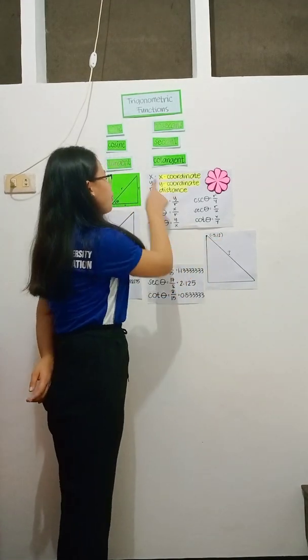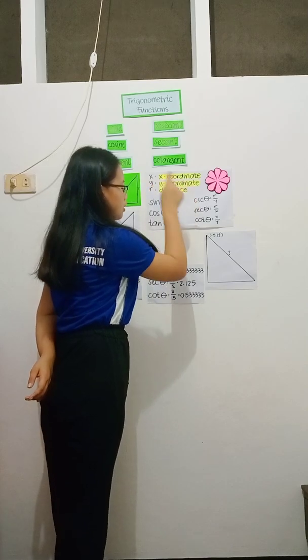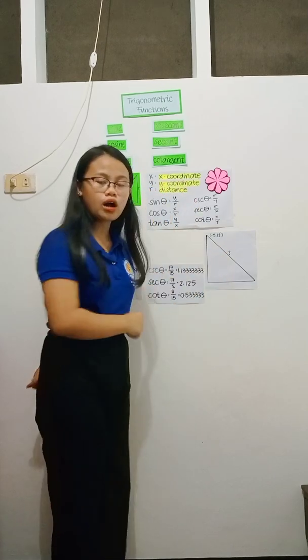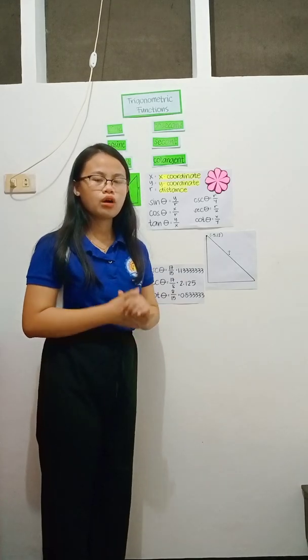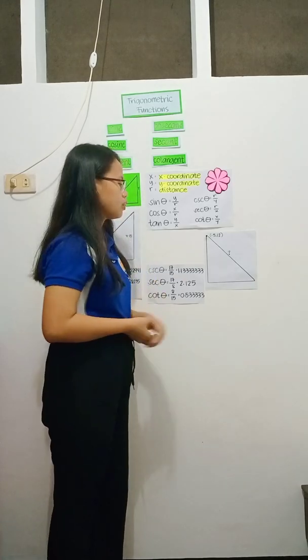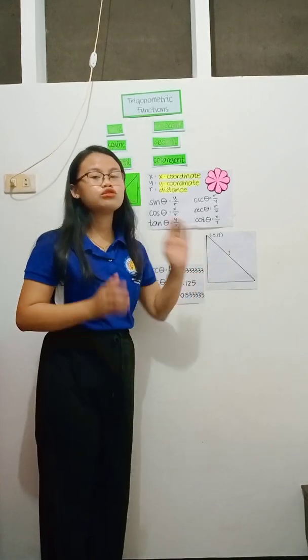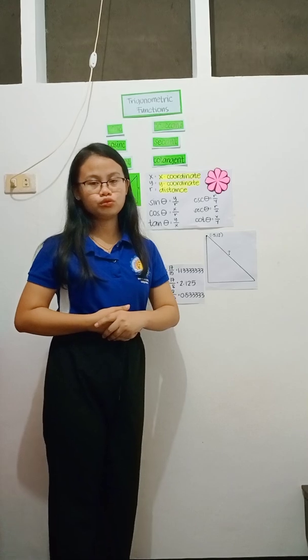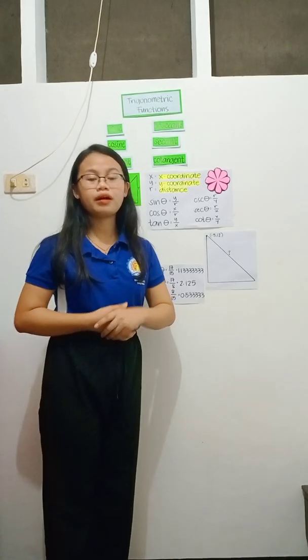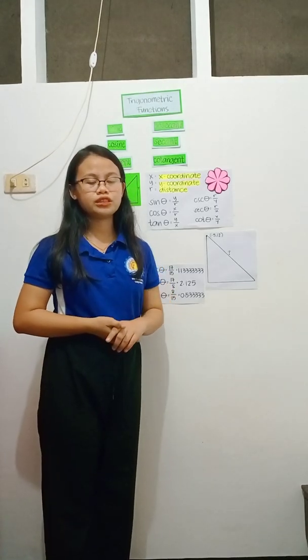Now we have our x and y coordinates. The r, or the hypotenuse or the distance, is the question mark. How are we going to get the value of r? We have a formula to follow to arrive at its value.